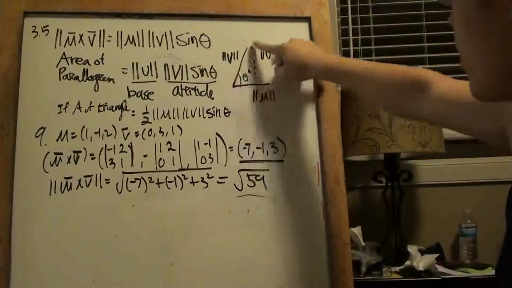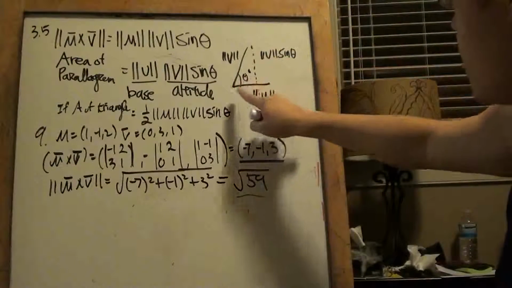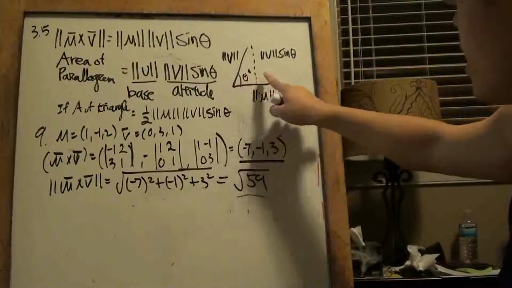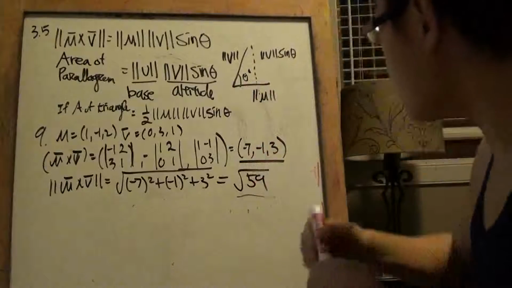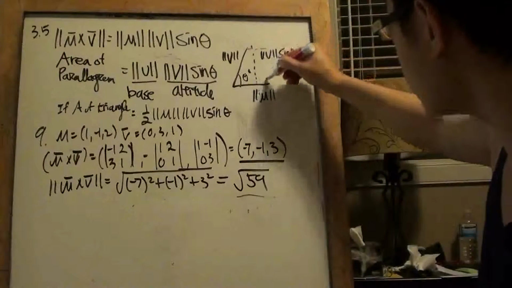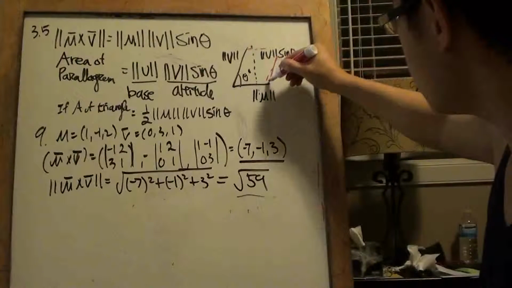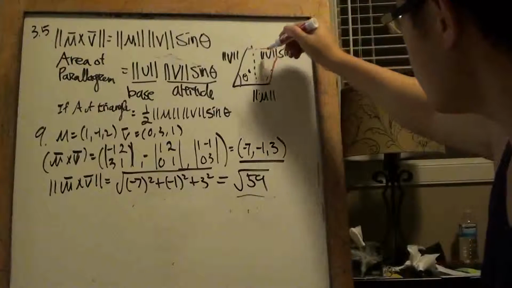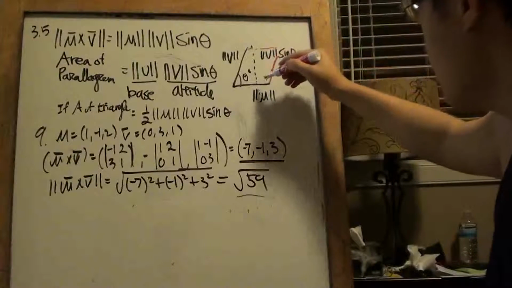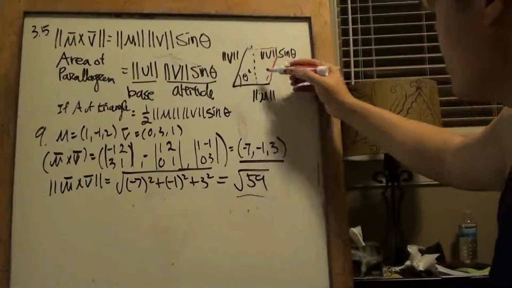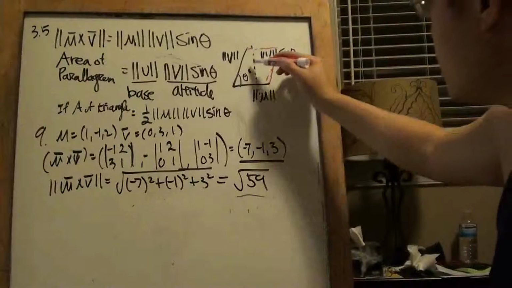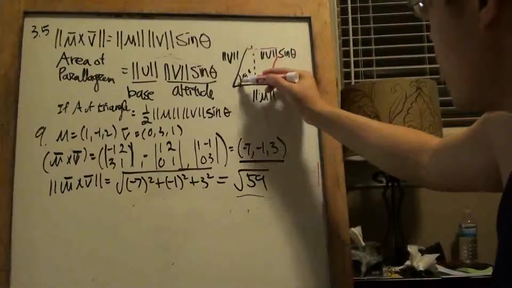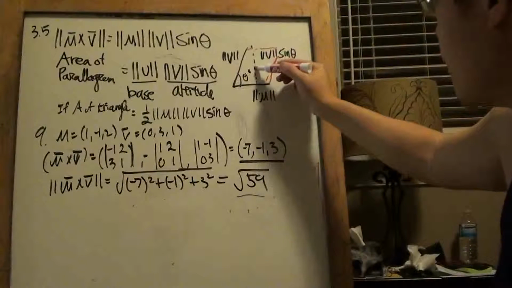So the parallelogram is going to look like that, and all we're looking for is the area. It doesn't look pretty, I know, but basically this height is the norm of u times sine theta, which makes sense trig-wise: this is the angle, so the opposite of that is sine.